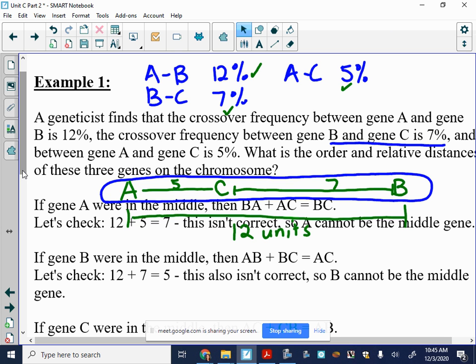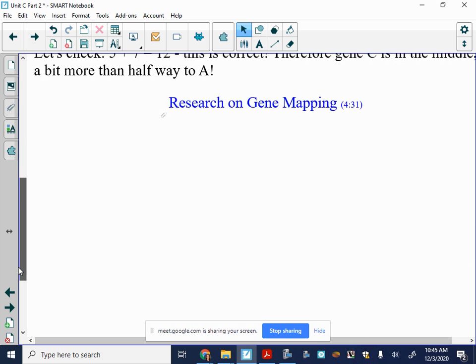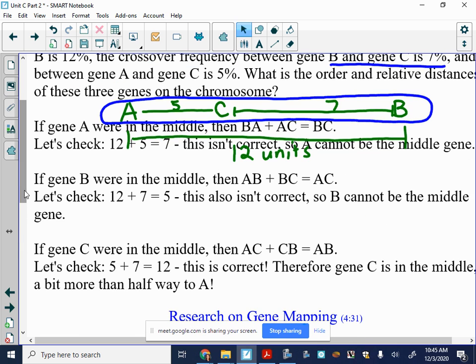All right, and okay, so if we look at our answers on our page, you'll see that the last example is right.